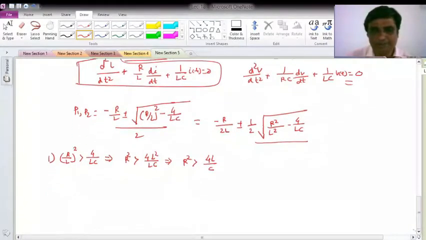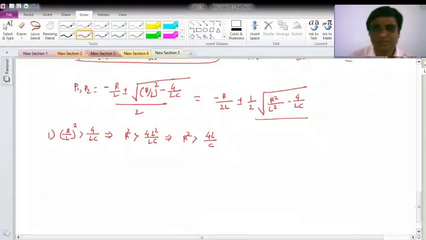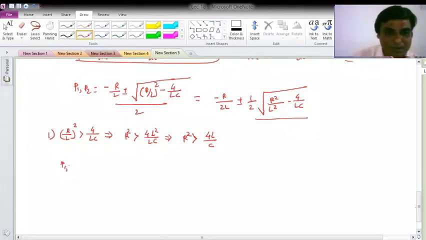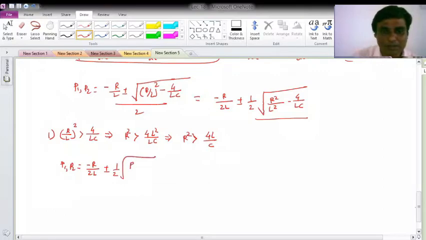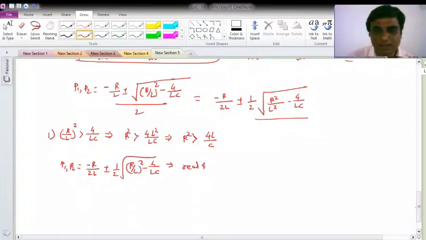So when the square of the resistance in series RLC is greater than 4 times the ratio of L by C, then your roots p1 and p2 will be minus R by 2L plus minus 1 over 2 square root of R by L square minus 4 upon LC, which was real and distinct, right?